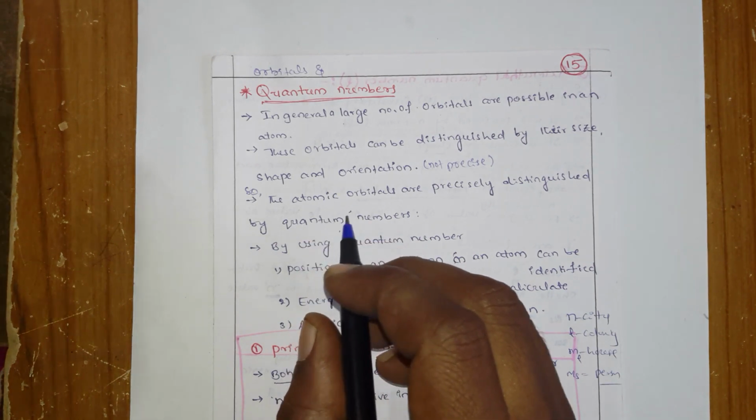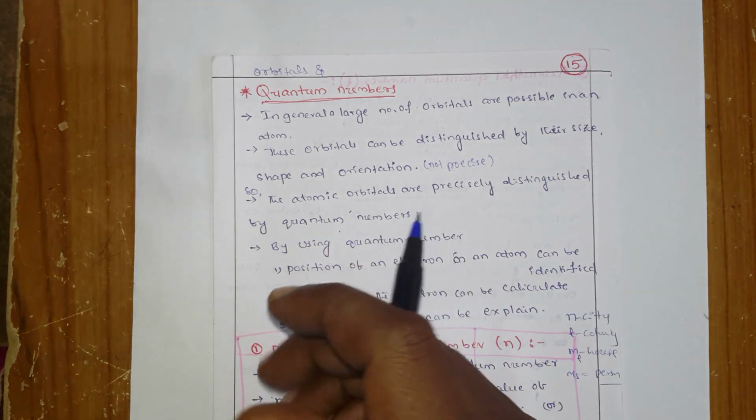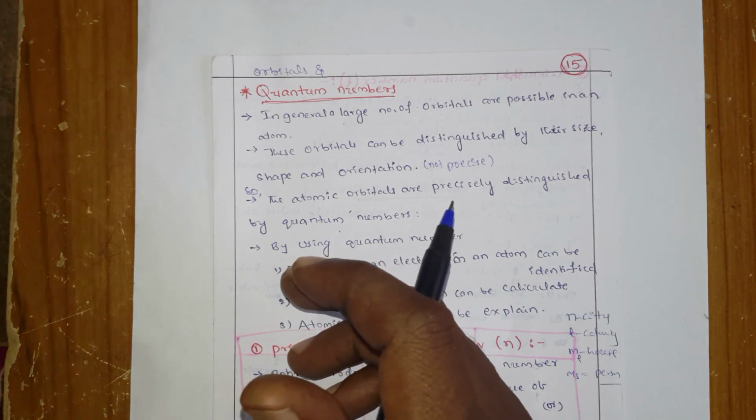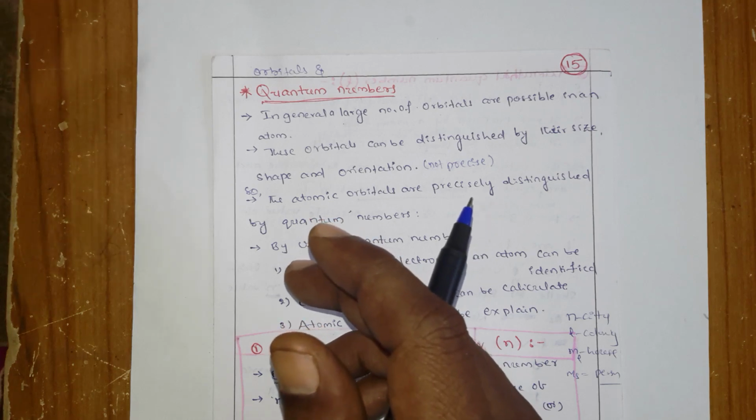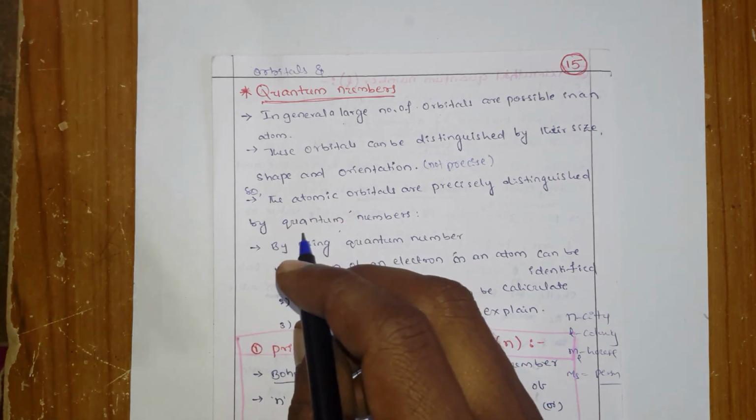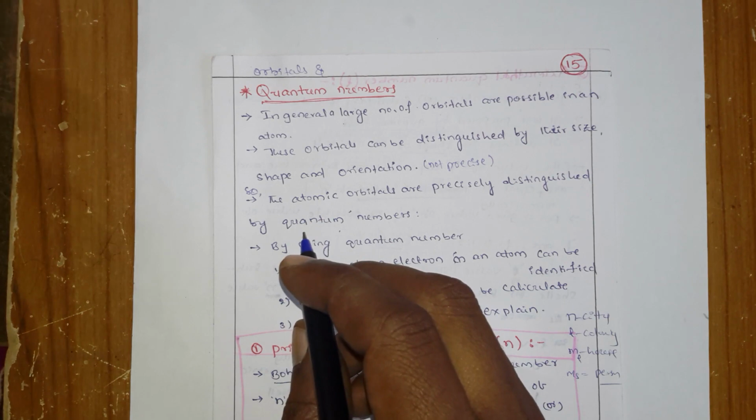But when you come to something like zinc, how many orbitals can be present? More, right? More s orbitals, like 1s, 2s, 3s.